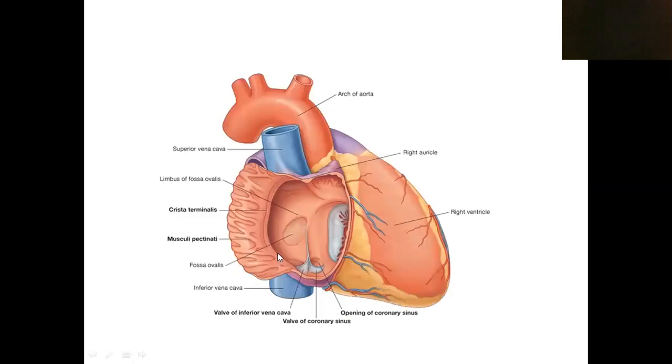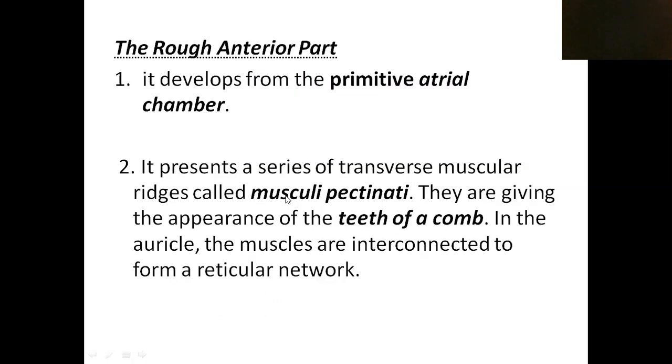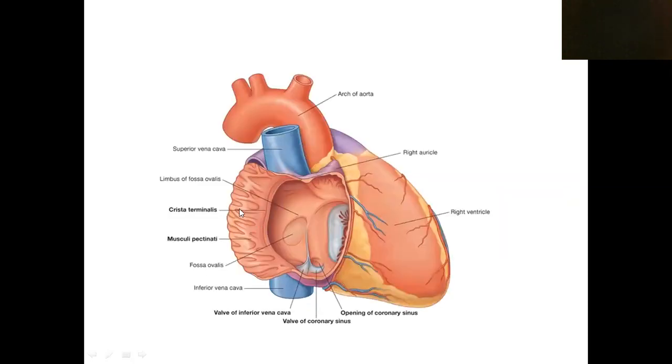Here on the anterior wall we can see some muscular ridges. These ridges seen on the anterior wall of the right atrium are known as pectinate muscles, or musculi pectinati.